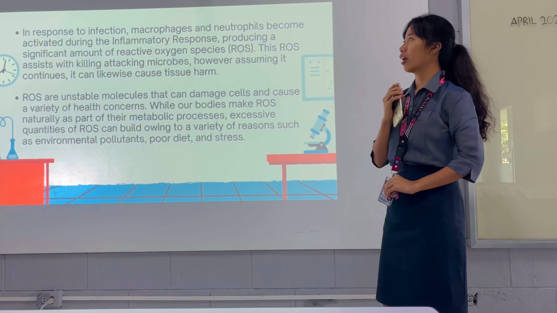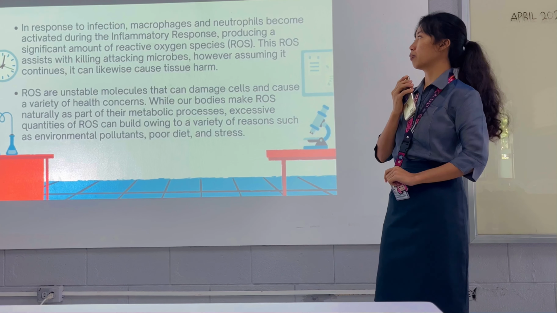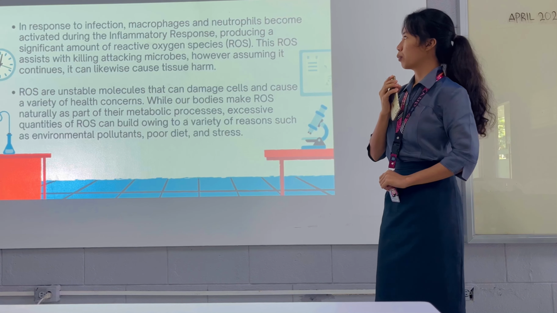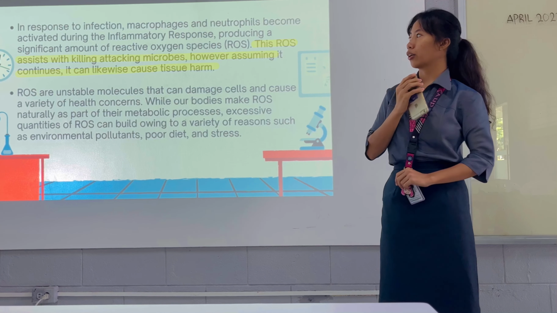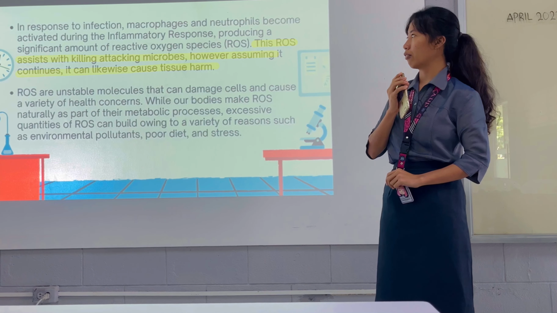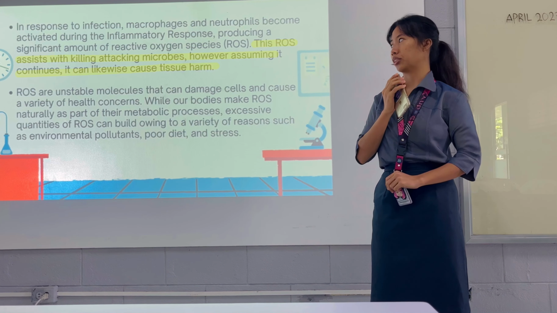reductases. In response to infection, macrophages and neutrophils are activated during the inflammatory response, producing a significant amount of ROS. This ROS assists with killing attacking microbes. However, if it continues, it can cause harm to the tissues.